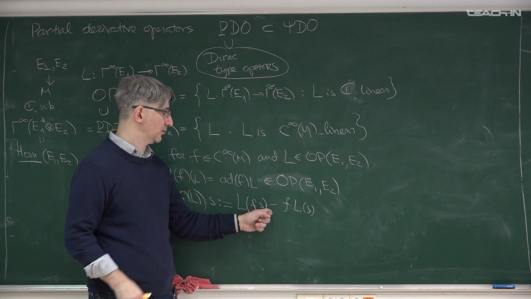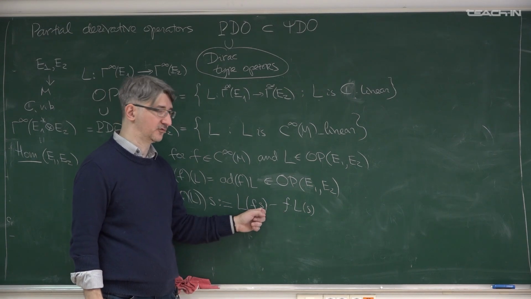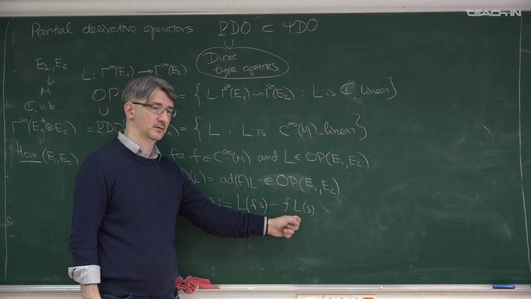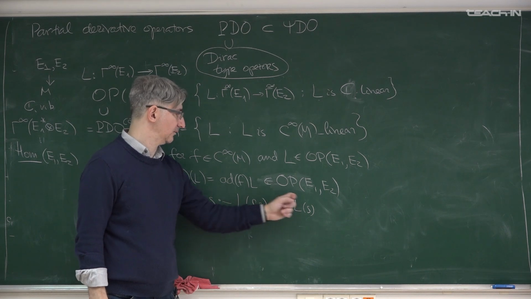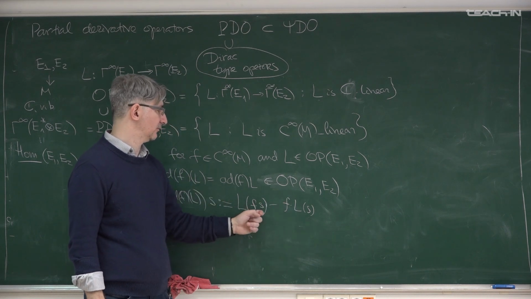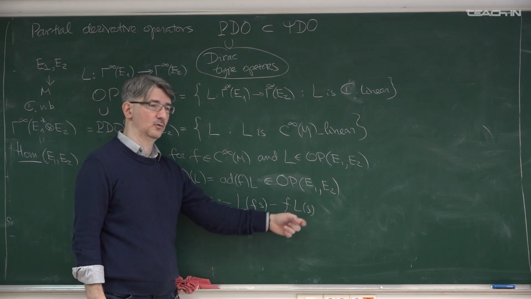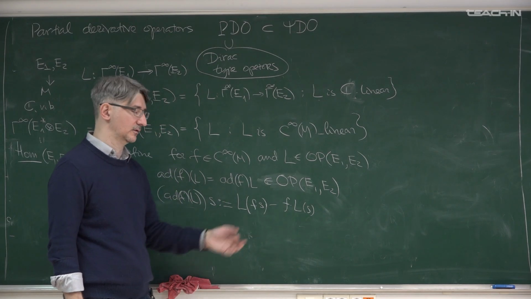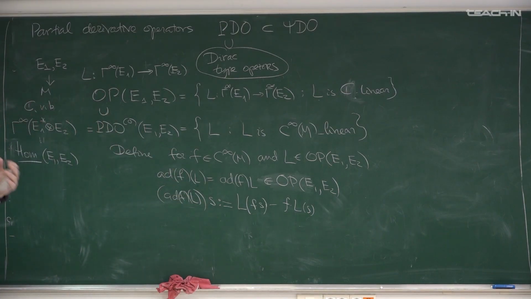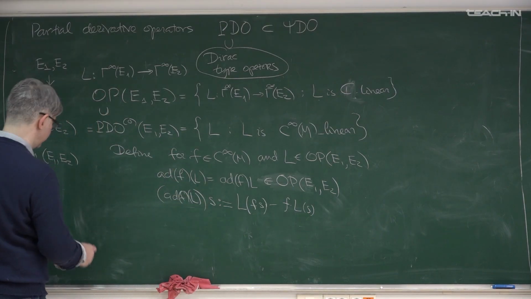The summand where you apply all derivatives to s is cancelled by this summand. So in this expression, the number of derivatives applied to section S is strictly lower than the order of L itself. So let me finish the definition.